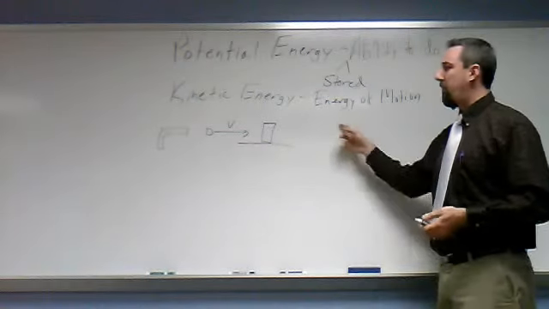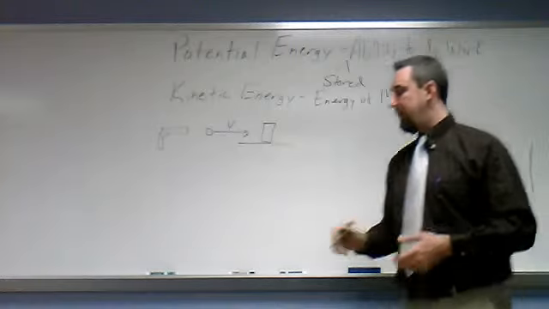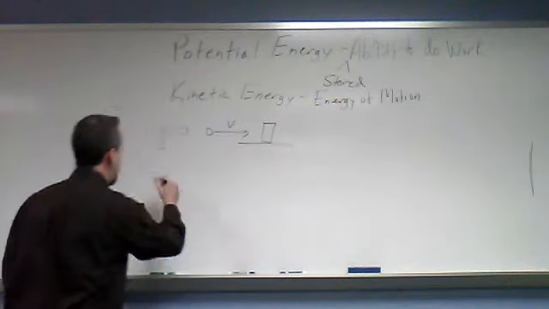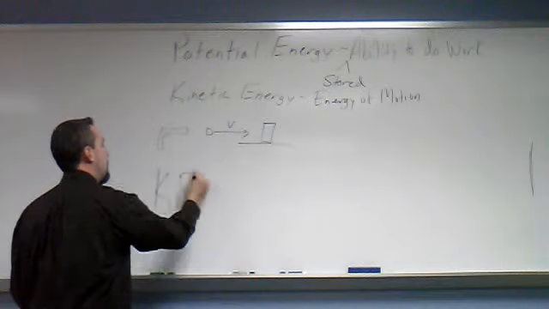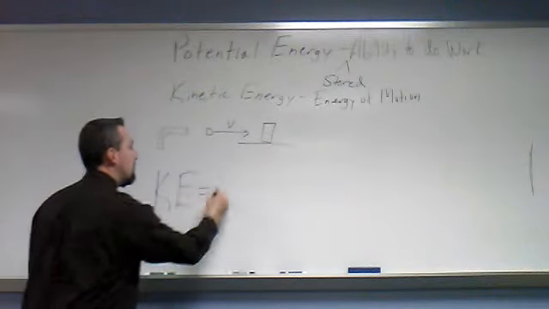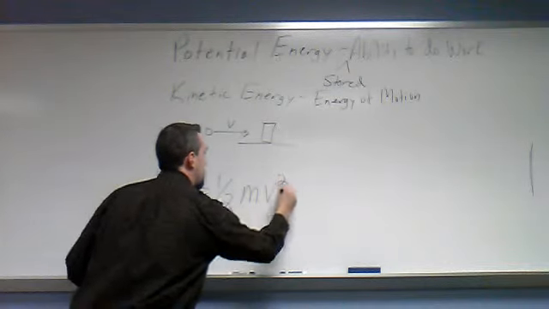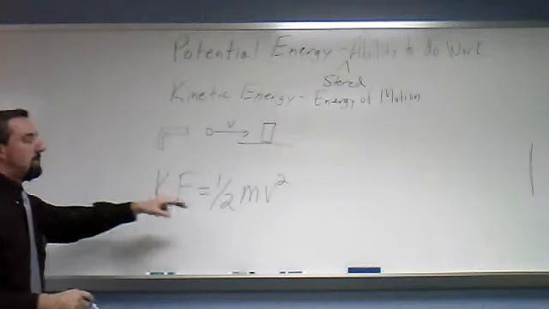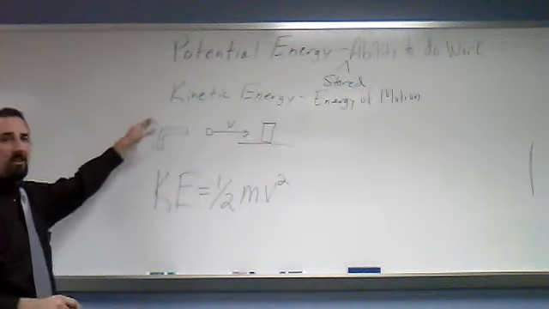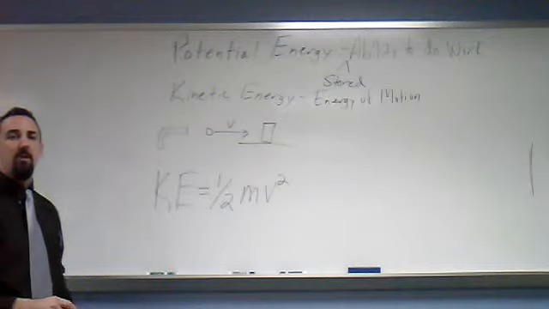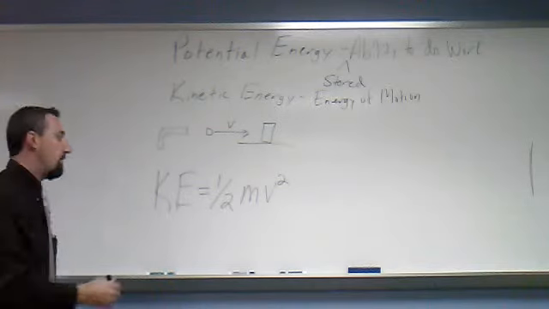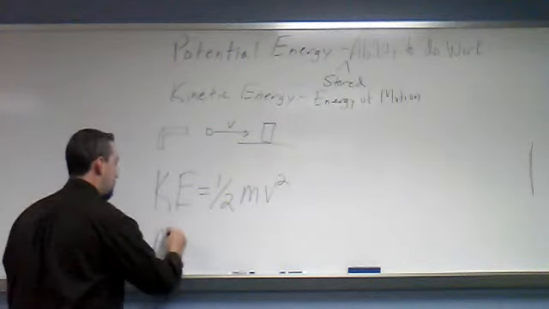Kinetic energy, we're going to have to quantify a little bit differently. So I'm not going to go through how it's derived right now, but kinetic energy is 1/2 mv squared. Now you might be looking at this formula, and you might be looking at the definition and say, hey, this seems really similar to that other new term we came up with recently called momentum.